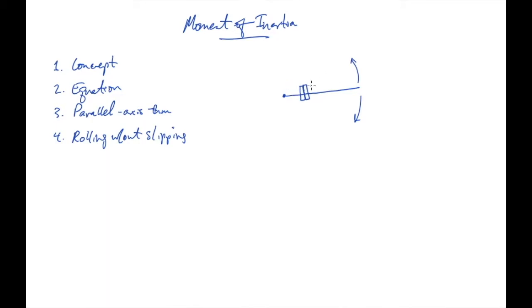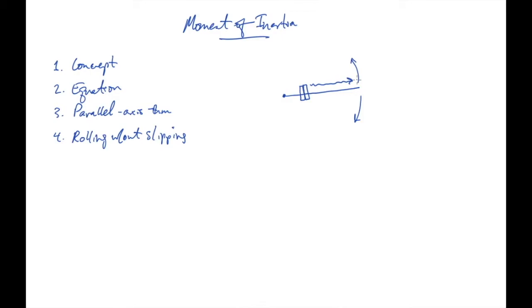But if, on the other hand, you take these masses and you move them all the way to the end so that you're holding a stick with a bunch of mass at the very end of it, it's very hard to rotate it in the same way. It's very hard to change the rotational motion. Just by changing where these masses are located, we have changed the rotational inertia.